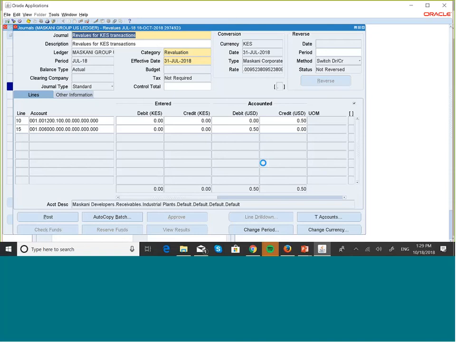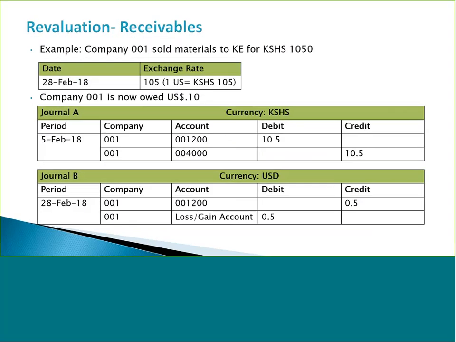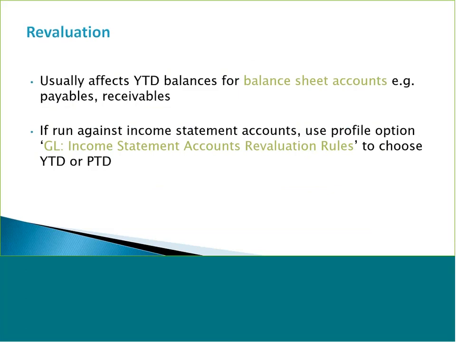You need to know how to create the revaluation set so that you can train the accountants who are going to be using the system. So those are our two examples for revaluation.